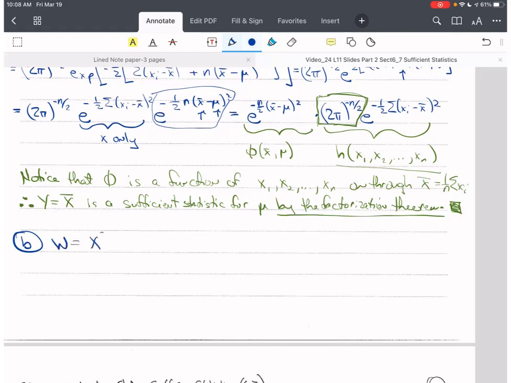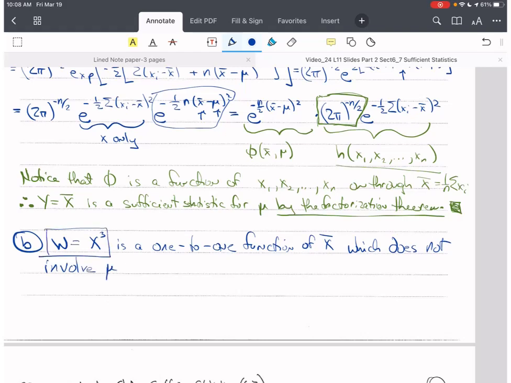Let W equal x bar cubed. W is a one-to-one function of x bar, which does not involve mu. So W is a one-to-one function.